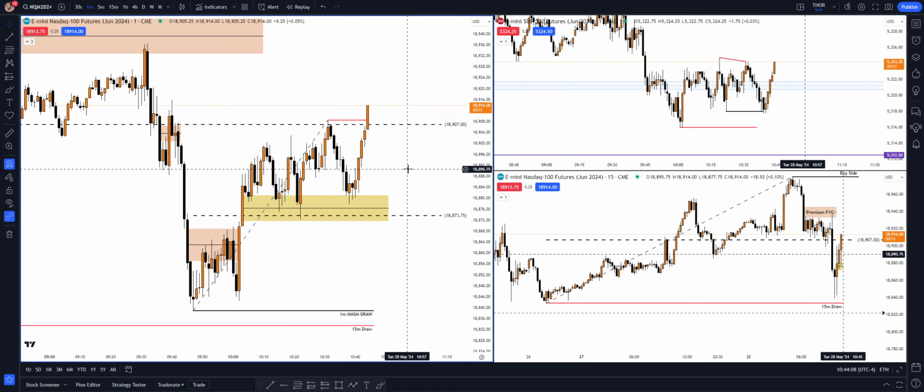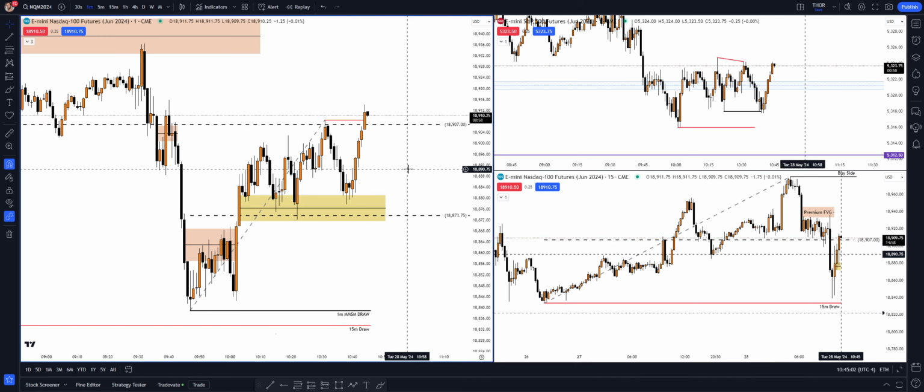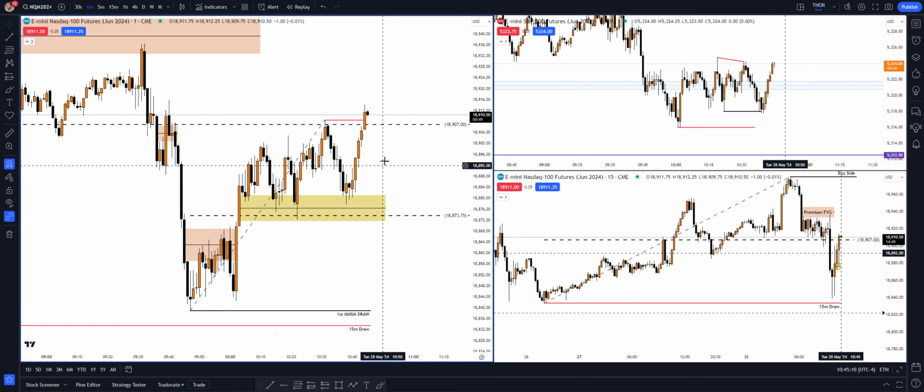So it's gone for the buy side again. So this is where I lose my interest in the price.